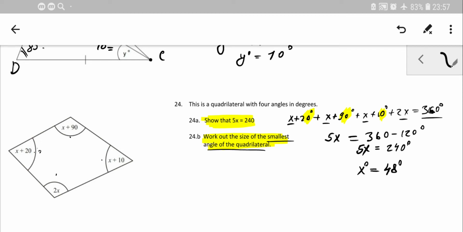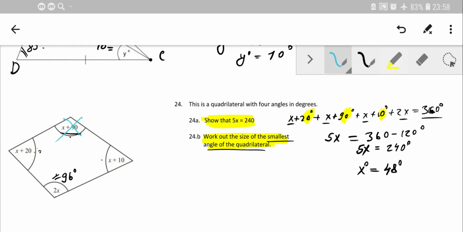What's the smallest one? We can calculate everything. If you multiply by 2, you get 2 times 48, which is 96. This is pretty small, but x plus 90 will be more than 96, so you simply erase that.